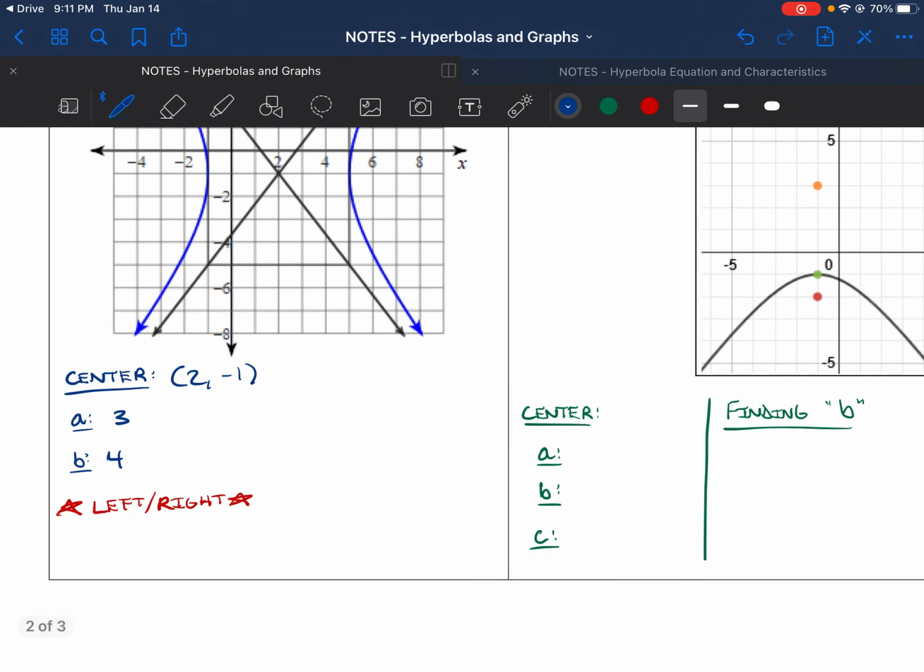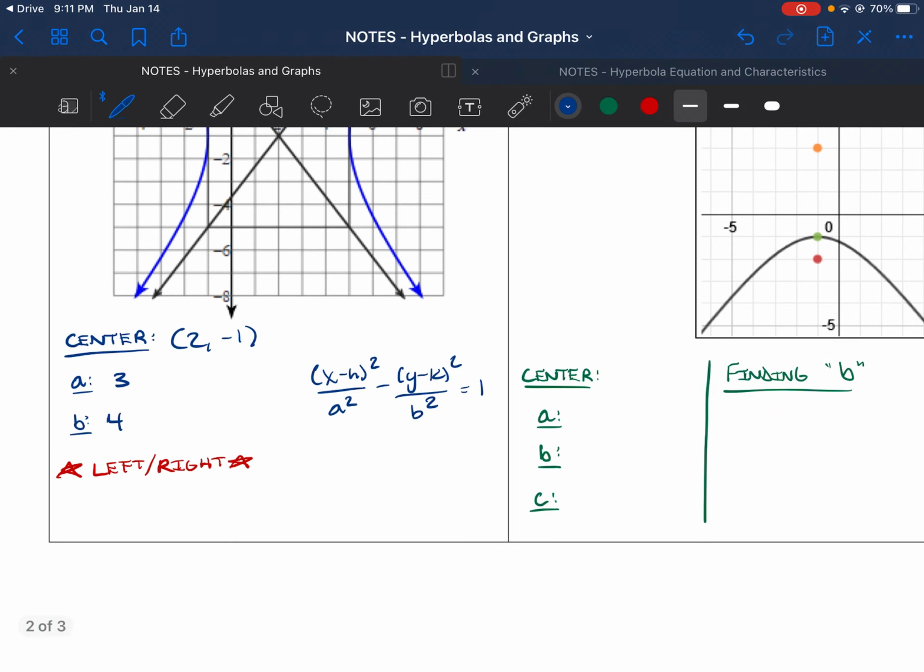Now, since we're dealing with a left-right opening hyperbola, we have the standard form equation, x minus h squared over a squared minus y minus k squared over b squared equals 1.